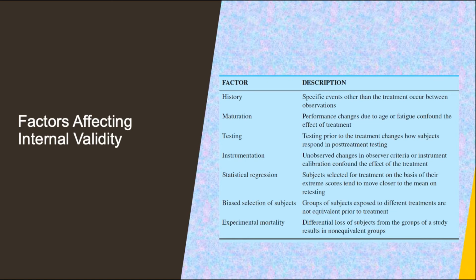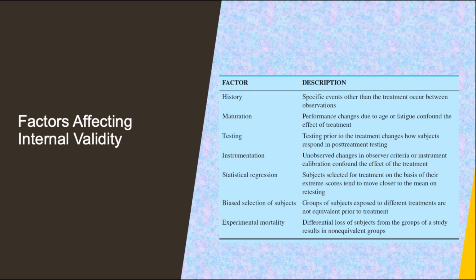This problem typically arises when researchers use pre-existing groups in their studies rather than assigning subjects to groups at random.